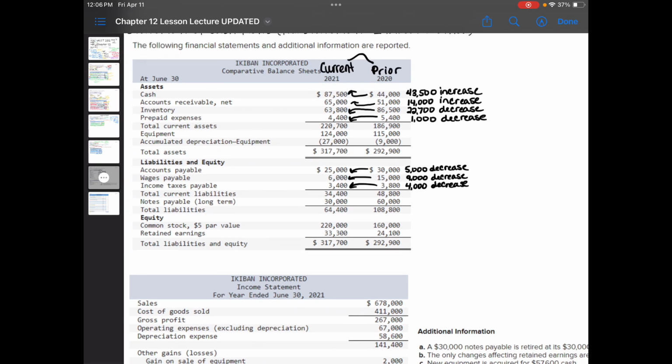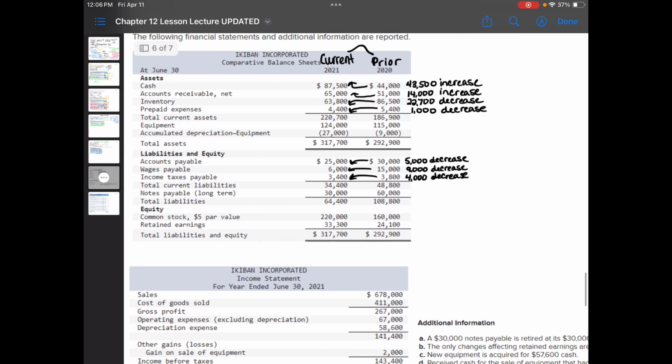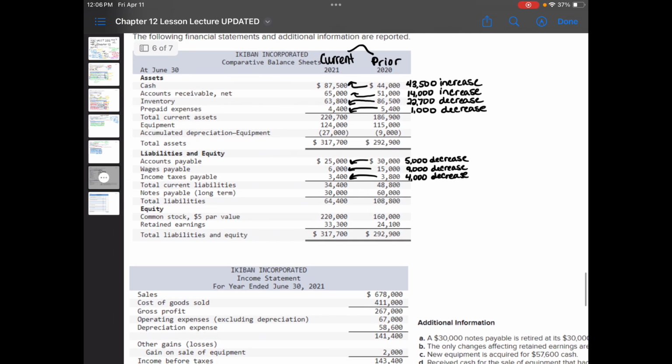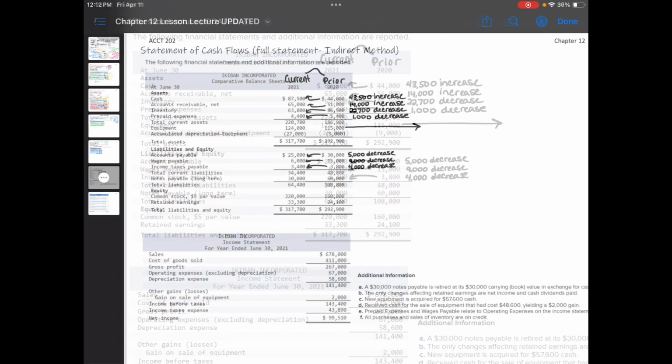And there's a note at the bottom, notes C and D, that says we bought new equipment and we sold equipment. I'm not going to scroll down to those, but you've got those printed on your page. So you'll look at those. Let's go through this math. An important thing here is that we look at these numbers to understand the complete change that happened in this account.